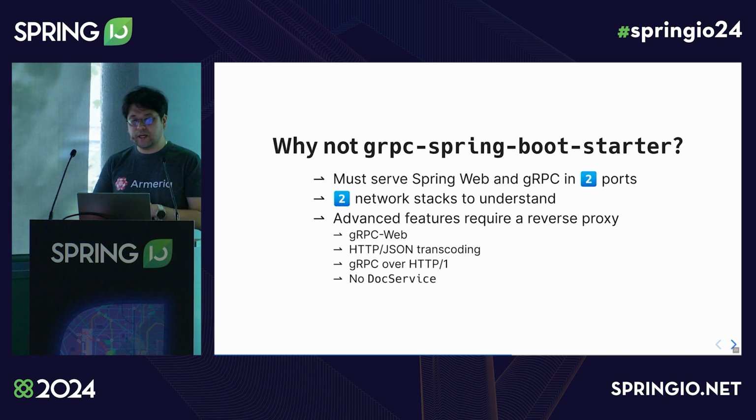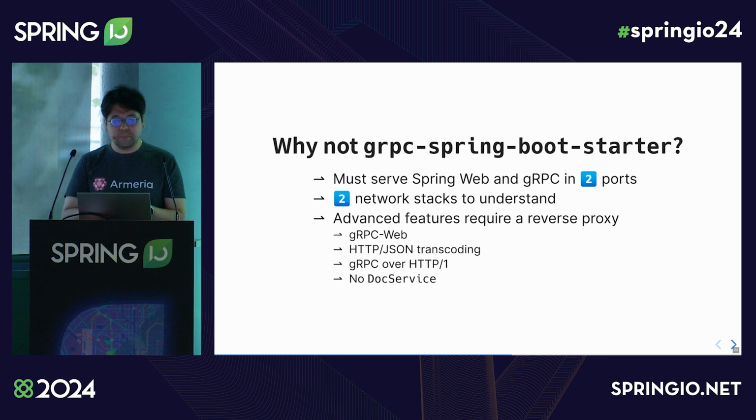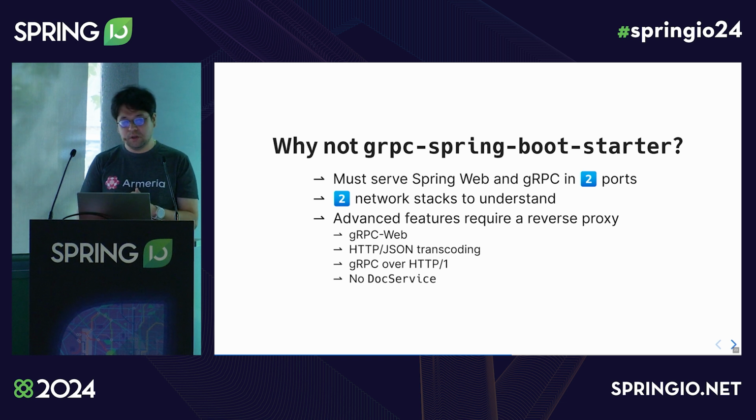It even allows clients to call gRPC over HTTP/1, which is originally impossible with the official gRPC implementations. Without Armeria, you need a dedicated reverse proxy or API gateway for these features. Again, this is an arbitrary limitation enforced by your software stack, not the design, actually.